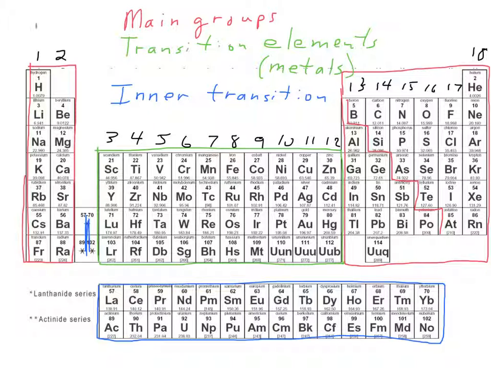And those are numbered 1, 2, just like in the official scheme, but over here 3, 4, 5, 6, 7, and 8. We refer to group numbers only for the main groups, and we number those 1 through 8.